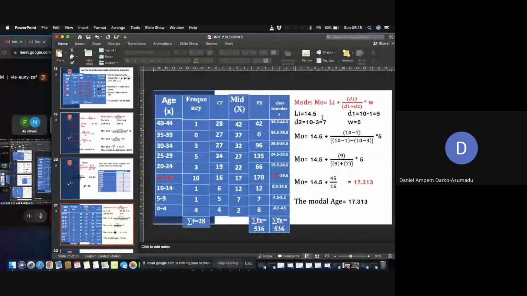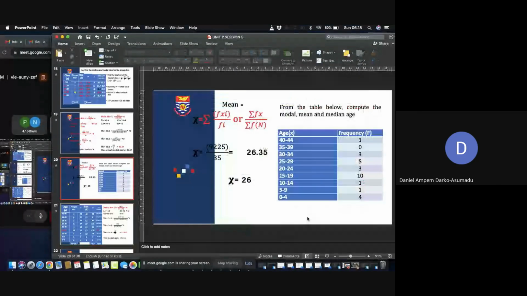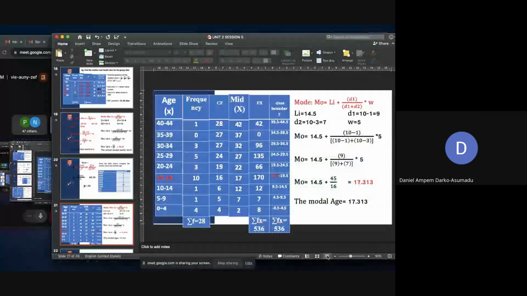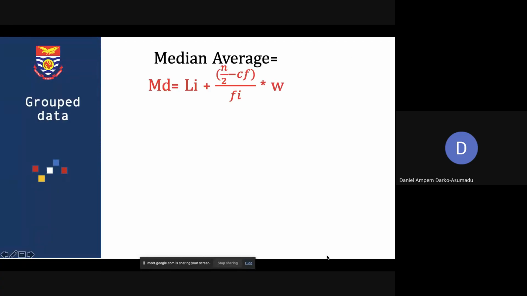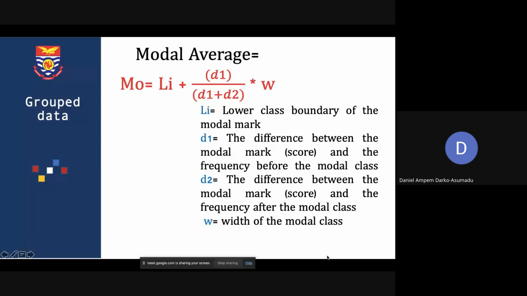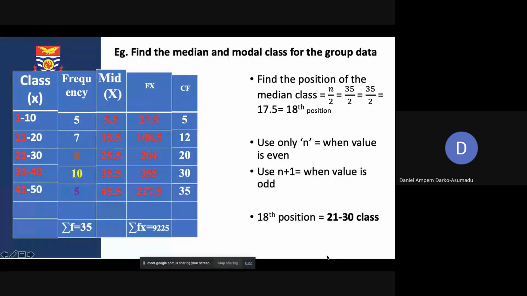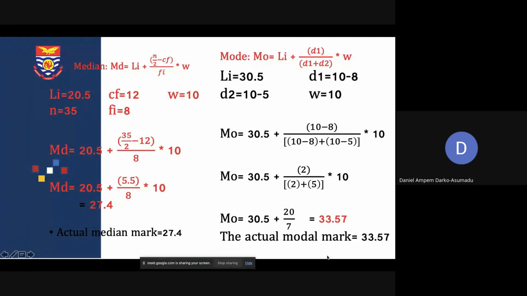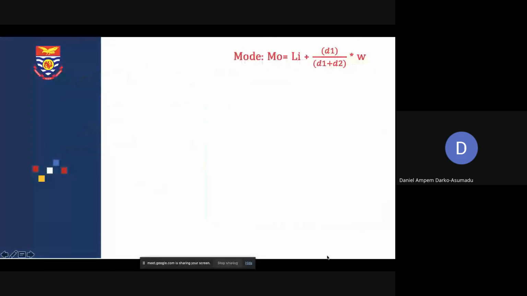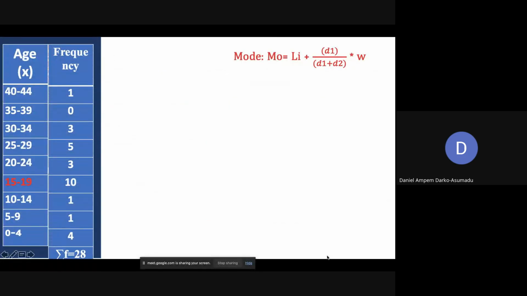Can anybody help us? How do we get the x values for the age?